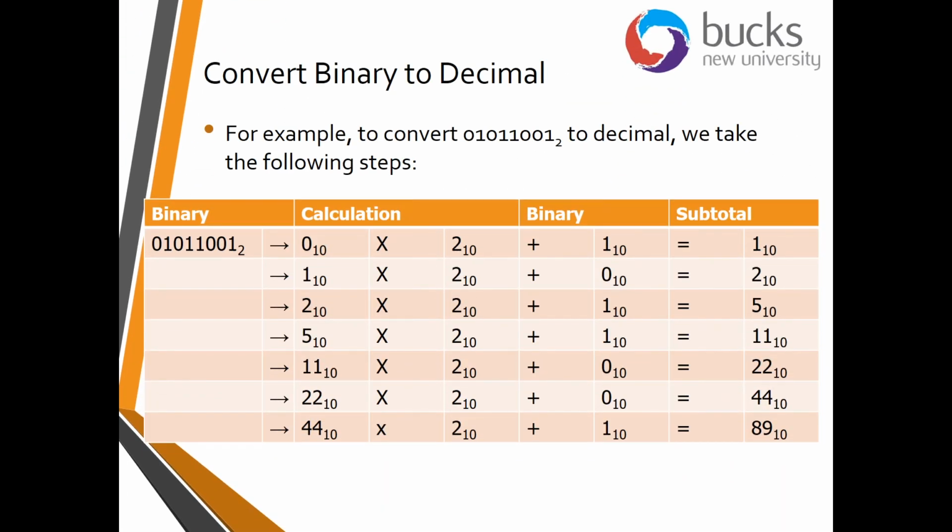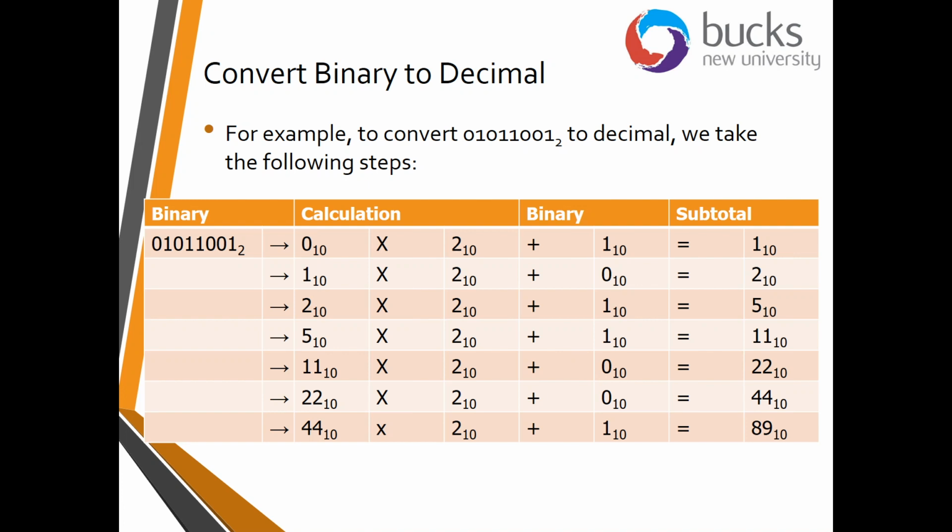In this example, we have the binary number 100111010, and we want to convert it to decimal using the doubling method. These are the steps we would take. We take the most significant bit, which here is 0, and we double that.